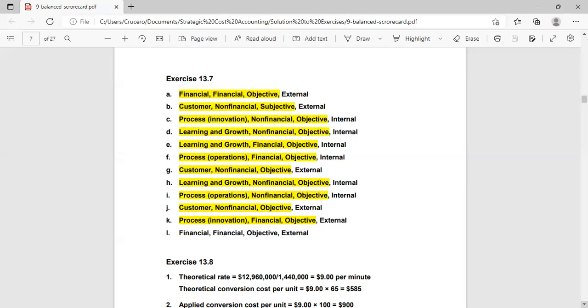The budgeted conversion cost for the manufacturing cell dedicated to the product is 12,960,000 per year. The total labor minutes available are 1,440,000.